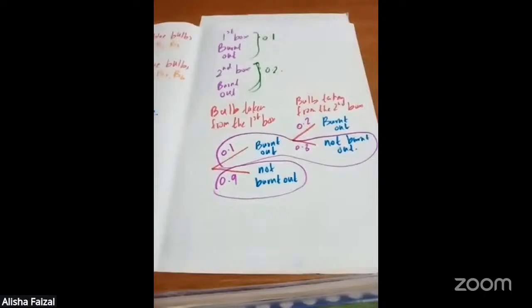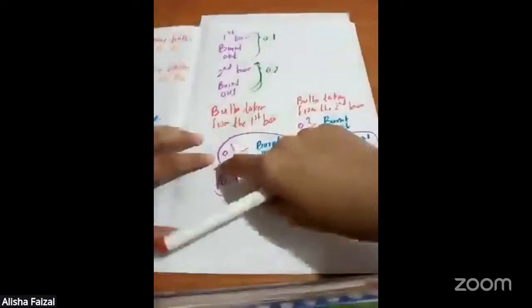So what do we do? Could we add this 0.1 and 0.8, or just directly 0.9? No, not add like that. This is a separate tree.